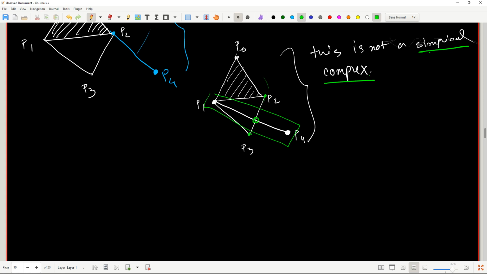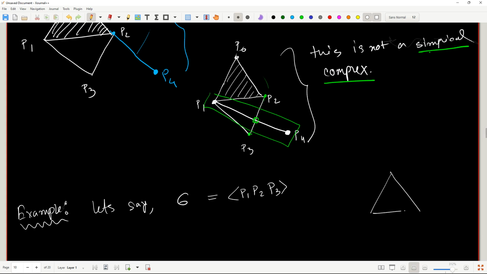Now we want to look at an example. How does a K look? This is an example of a simplicial complex. Let's say my sigma is P1, P2, P3, a filled-in triangle.